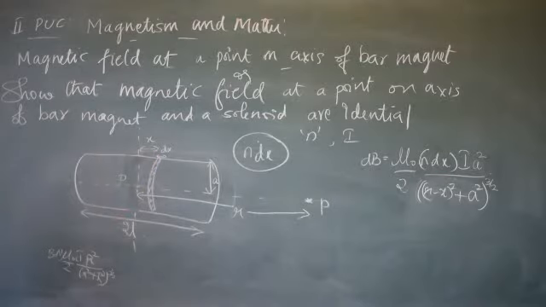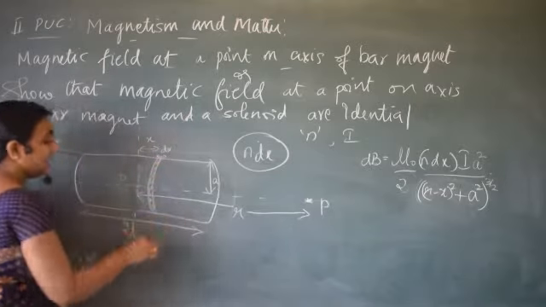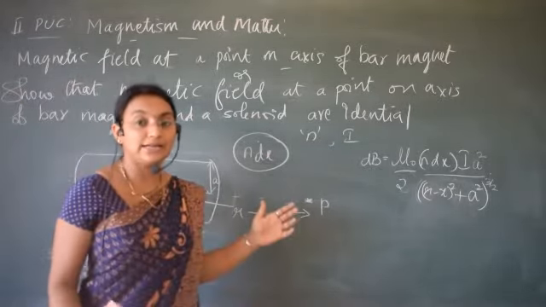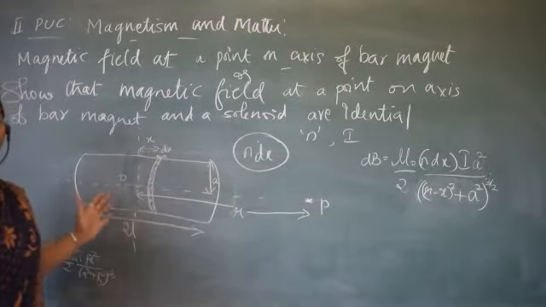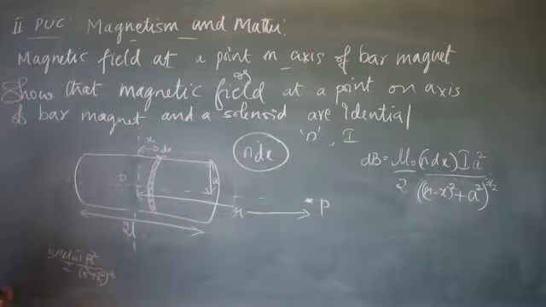While deriving this, initially you have to write, let us consider a solenoid of length 2L, radius a, with the center O. Let us consider a circular element of the thickness dx, which is at a distance x from the center.